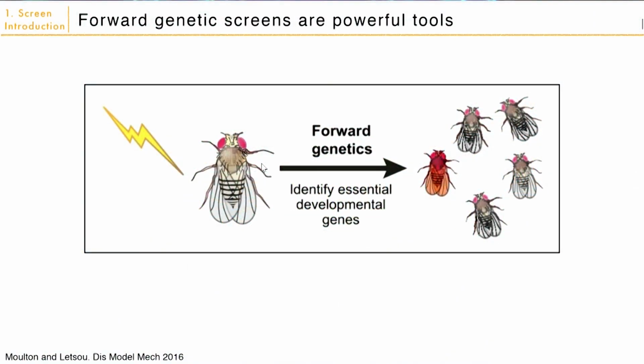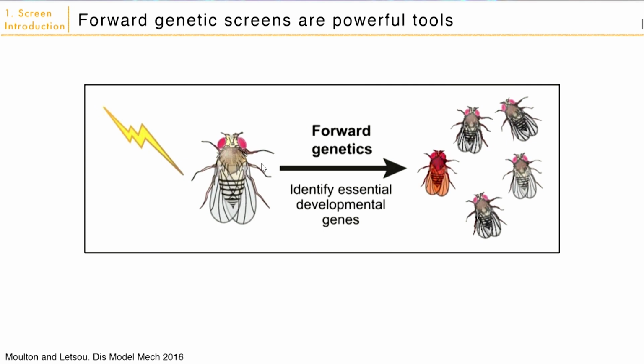Forward genetic screens are very powerful tools for studying any genes that lead to a particular phenotype of interest. Traditionally, this was done with Drosophila. And what people traditionally did was they would chemically mutagenize the flies, and then after growing the flies up, picking out which ones had interesting phenotypes that they wanted to focus on.